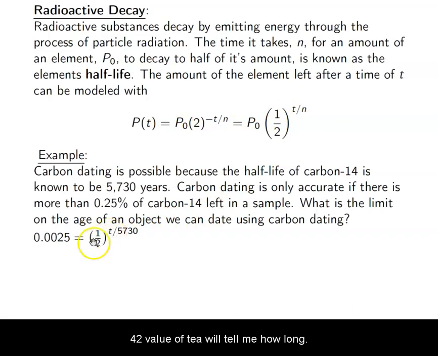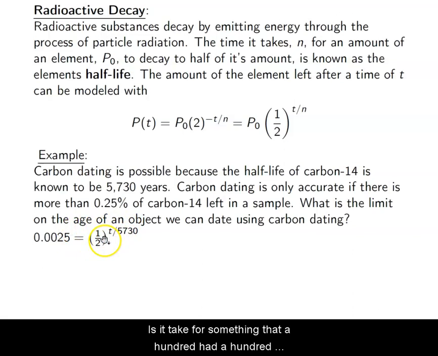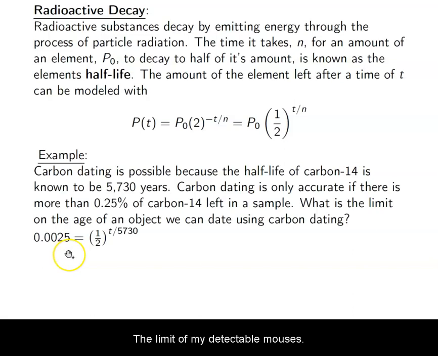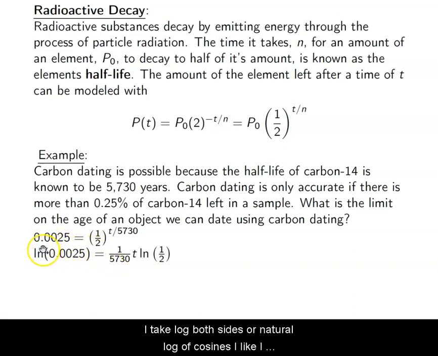The value of t will tell me how long it would take for something that had 100% of its carbon-14 to get to the limit of my detectable amounts. So I take the log of both sides, or natural log of both sides. Like I said, I like natural log.